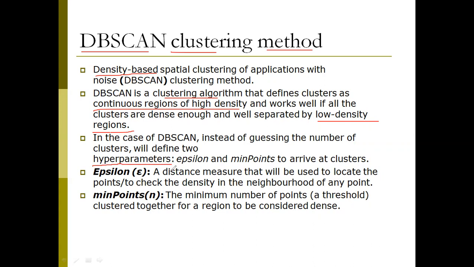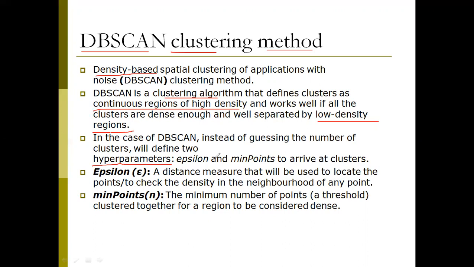Here there is no need of knowing how many clusters we are going to make for the given data set.